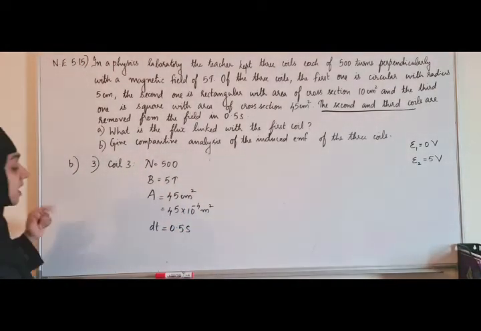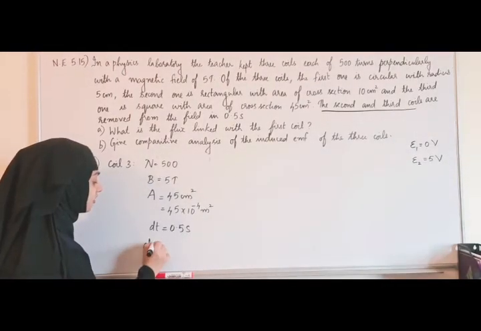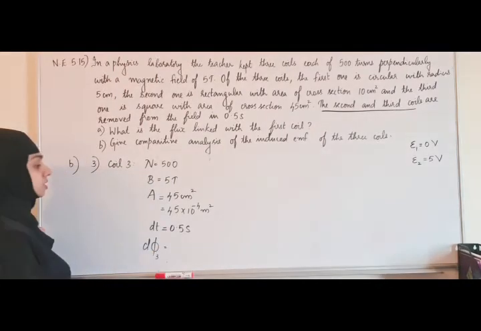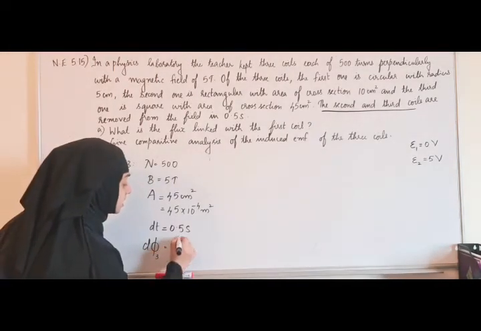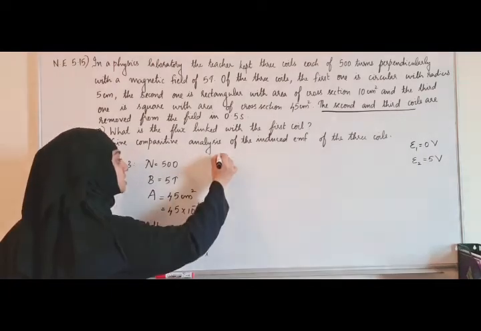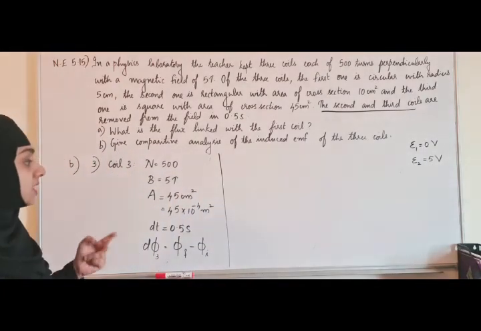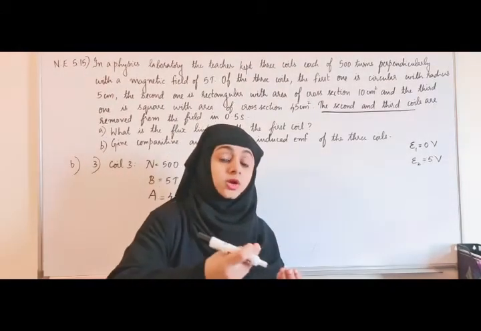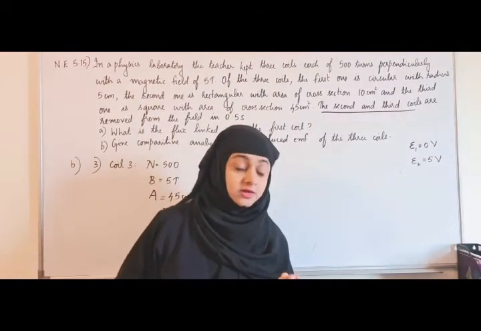Okay. Now we will have to find d phi. D phi for the third coil, d phi 3 is equal to final flux minus initial flux. Just as we told in the case of the second coil, the final flux will be 0 because the coil is taken out of the magnetic field.